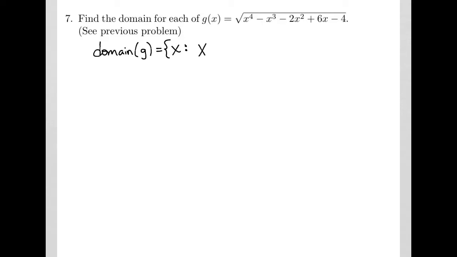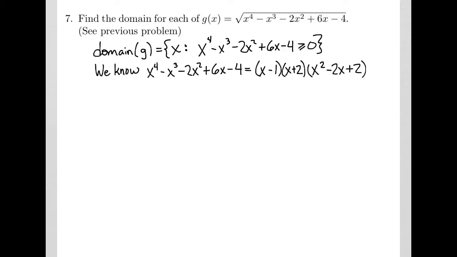So we want to solve when this polynomial, x to the 4th minus x cubed minus 2x squared plus 6x minus 4, is greater than or equal to 0. And in the previous problem, we found all of the roots. So in a typical problem, you might be given a polynomial, and you would need to first do the steps we did in problem 6 to find the factors of that inside polynomial.